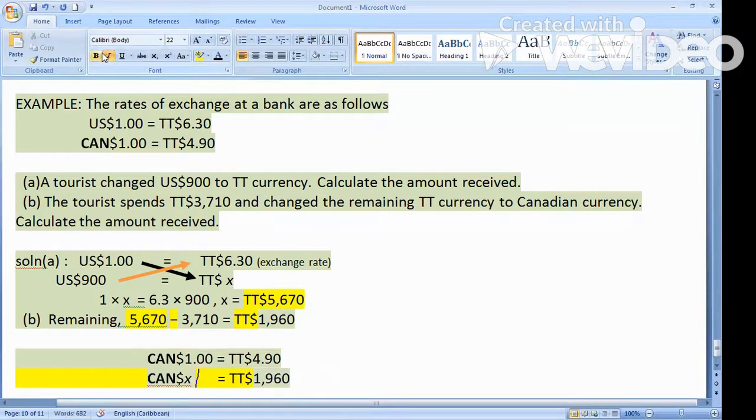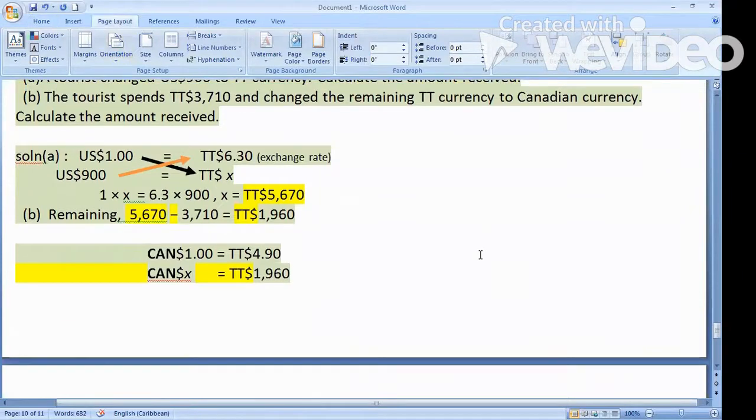The unknown is on the left, so we're going to divide. We're going to cross multiply.